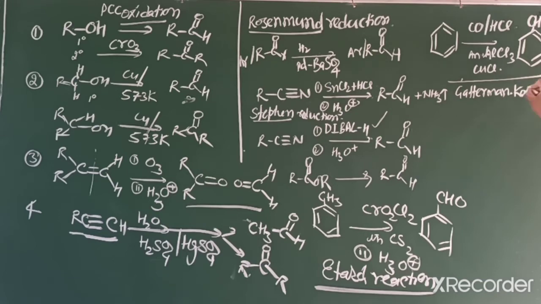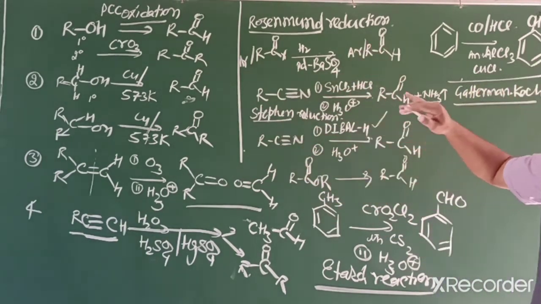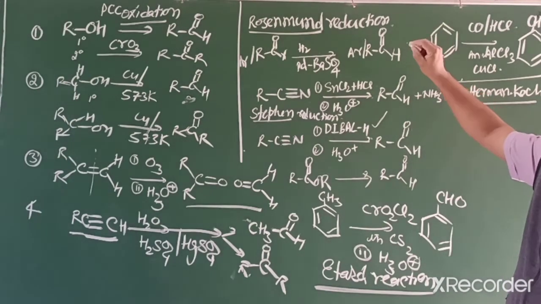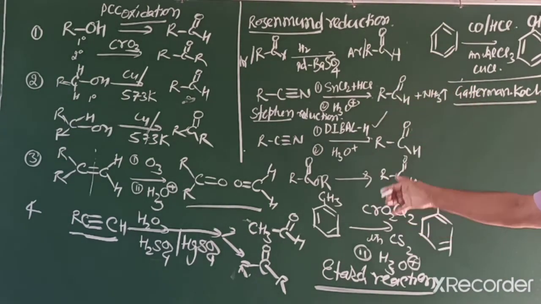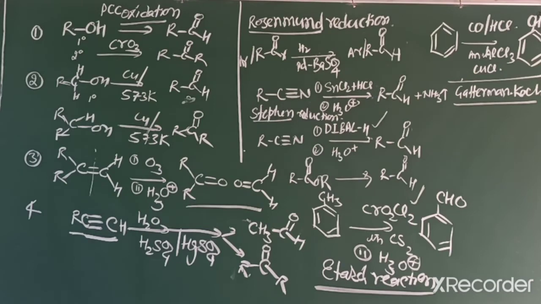In this way we summarize all aldehyde and ketones. By these methods we can prepare both, and these are specially for aldehyde: Rosenmund, Stephen, and Etard reaction using a selective reagent, chromyl chloride in CS2, or the Gattermann-Koch reaction. For preparation of ketones, now we summarize two more reactions.